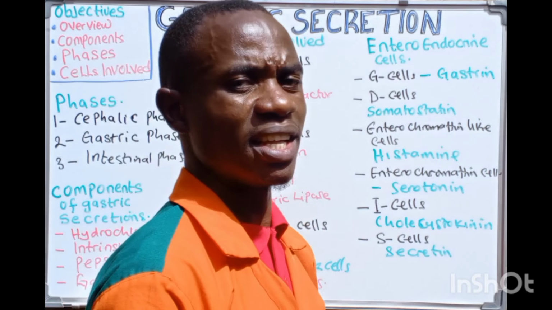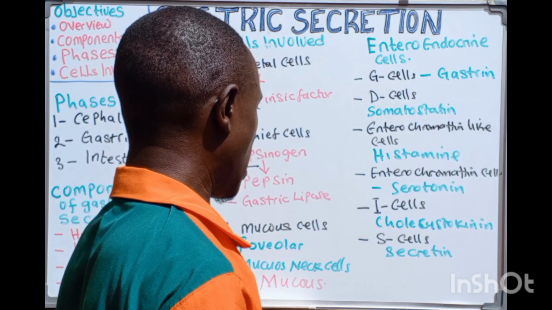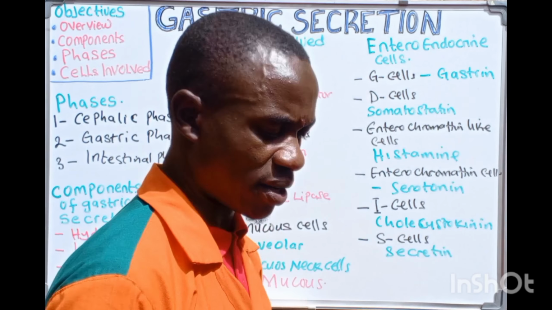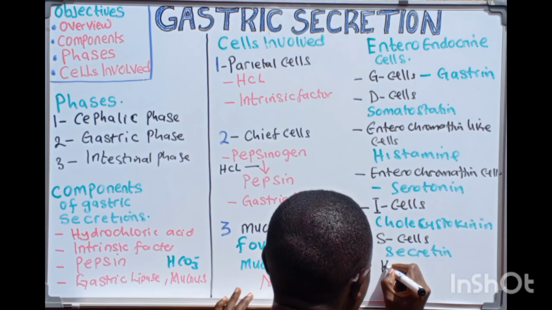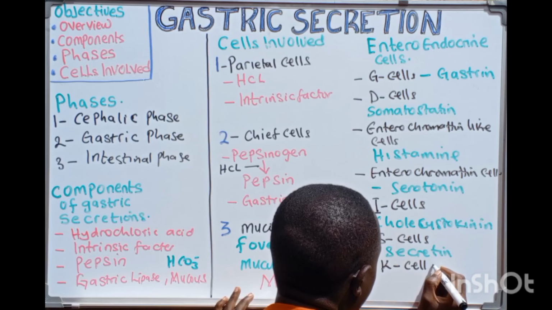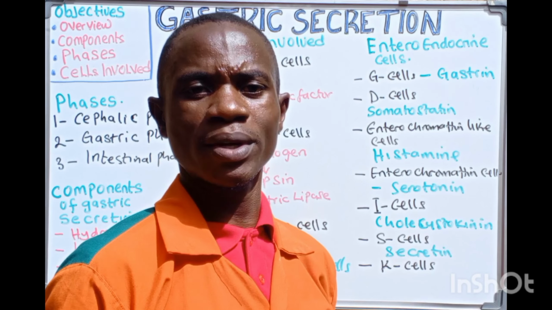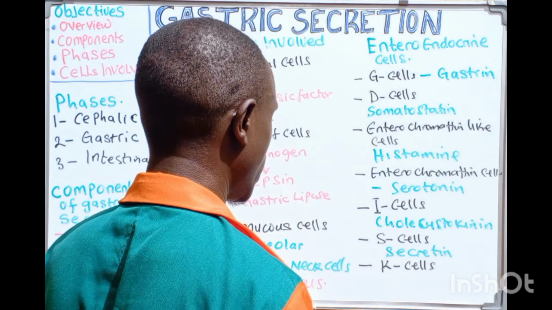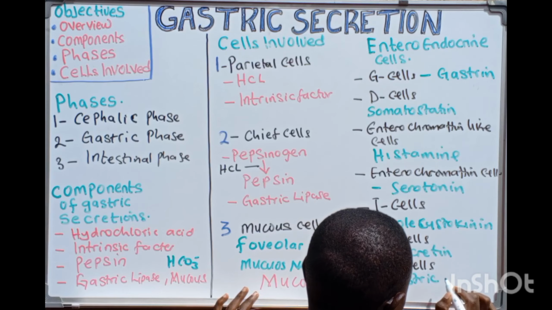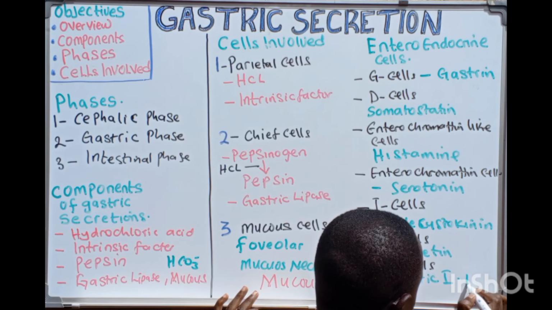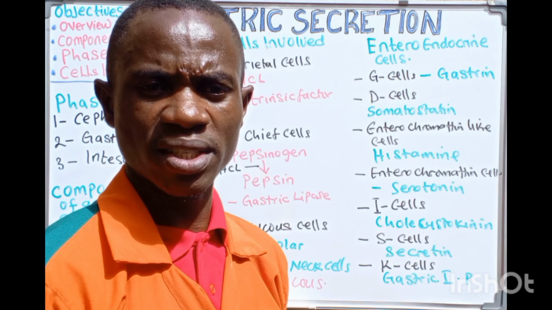So again, we will see during the intestinal phase of gastric secretion what secretin does. Besides that, we also have the K cell, and these cells are very important in production of a molecule called gastric inhibitory peptide, which is a super powerful inhibitor of gastric secretions.